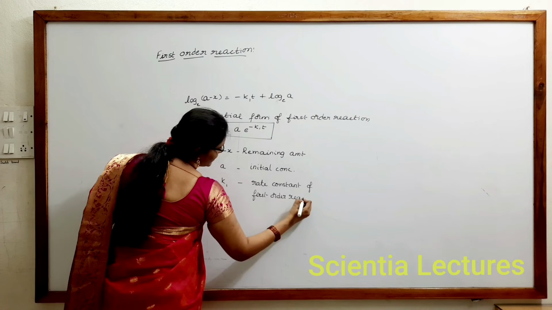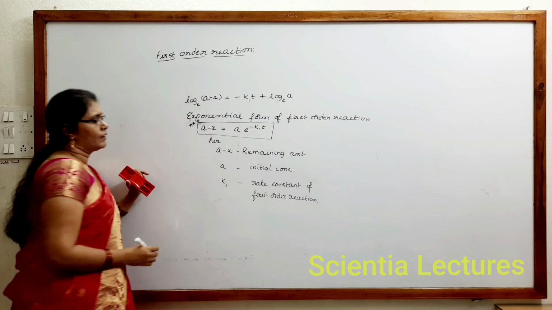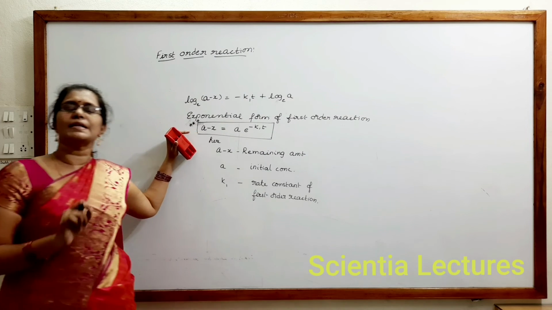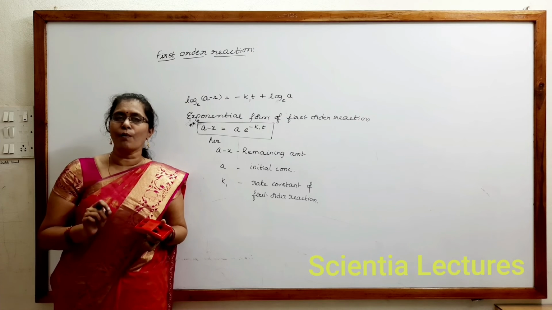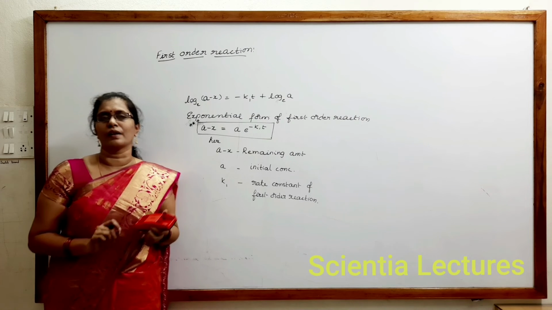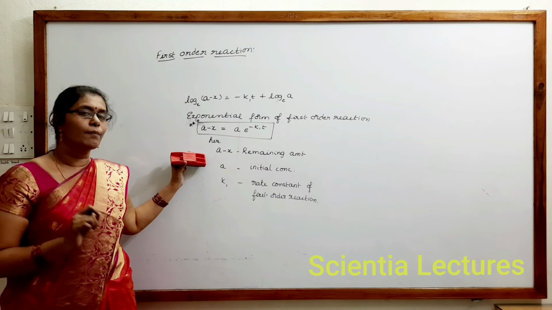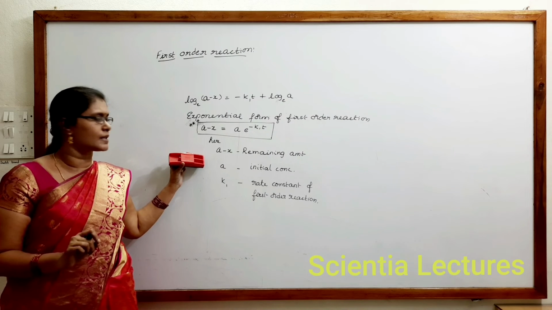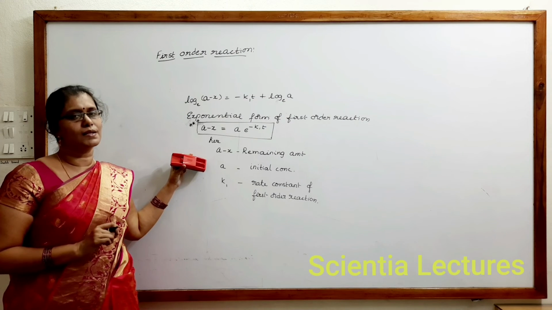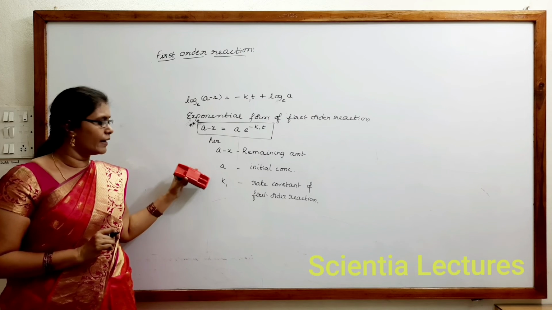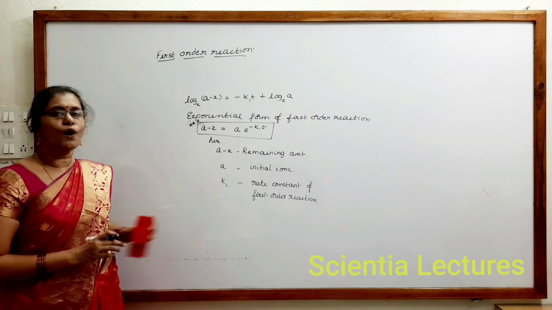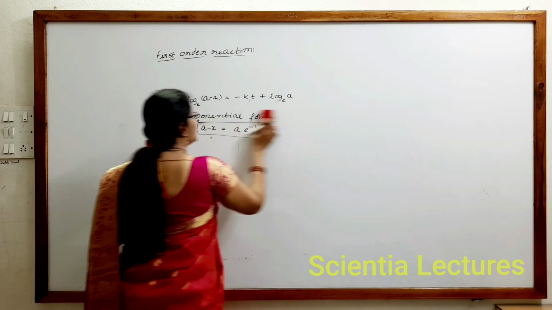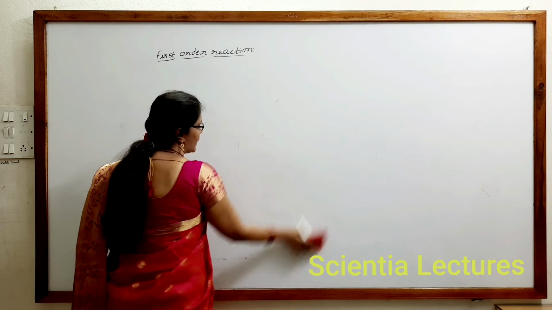You can easily remember this. What is a minus x? Remaining concentration of a at that instant, whatever the time taken. What is a? Initial concentration of the reactant given. What is k1? Rate constant of first order reaction. So the exponential form of first order reaction is a minus x equal to a e power minus k1t.